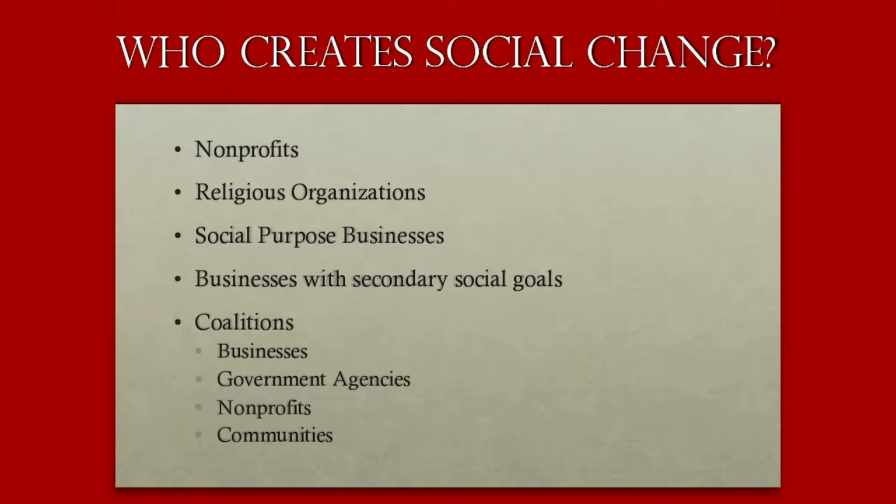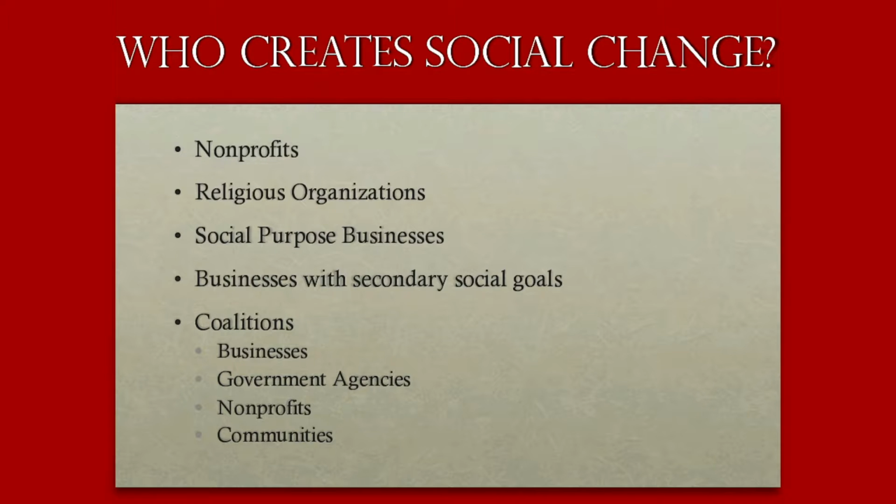In addition, in the class I teach, we also explore the rising importance of systems change work for social change, where we acknowledge that one organization or even one sector of the economy is insufficient to bring about social change or wide-scale cultural shifts in how we approach our social problems or social needs.